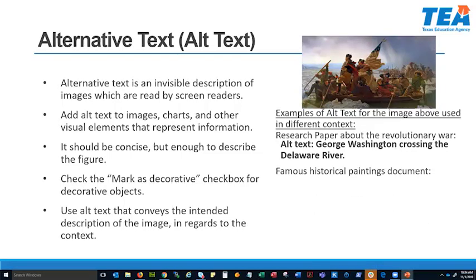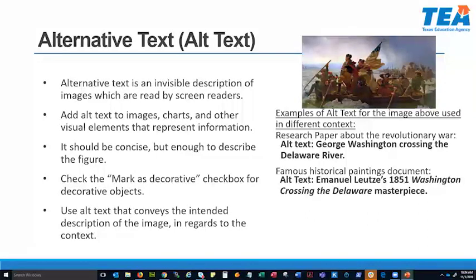If my document is about famous historical paintings, and I use this picture as an example, something I can use as an alt text is the painter Emanuel Leutze, 1851, Washington Crossing the Delaware masterpiece.